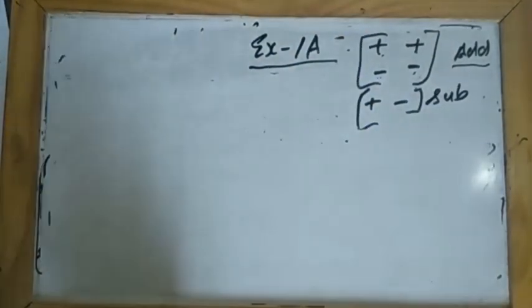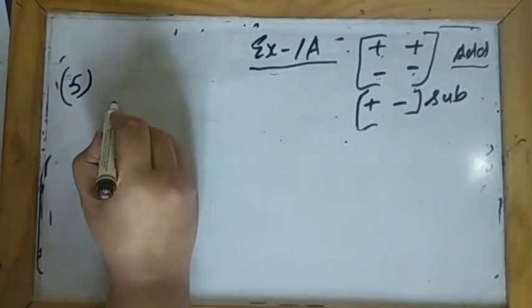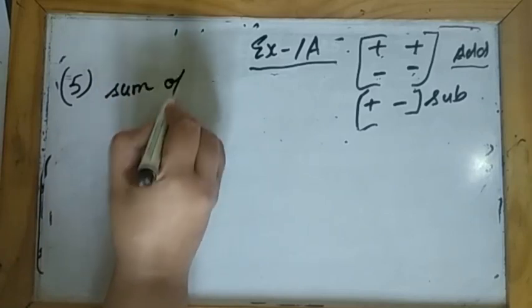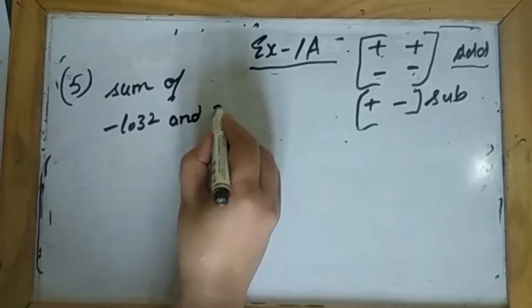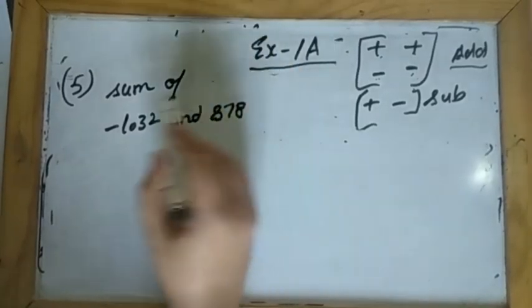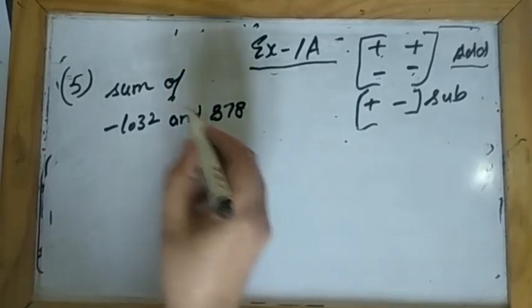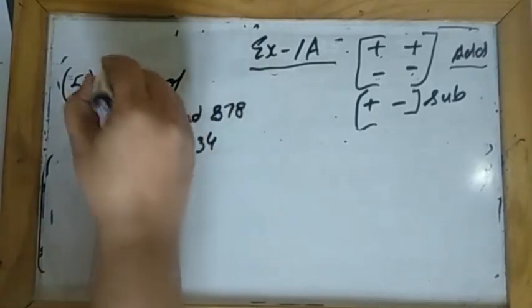Okay, now I'll come to the fifth question. They say subtract the sum of 1032 and 878, sum of these two numbers, from minus 34.